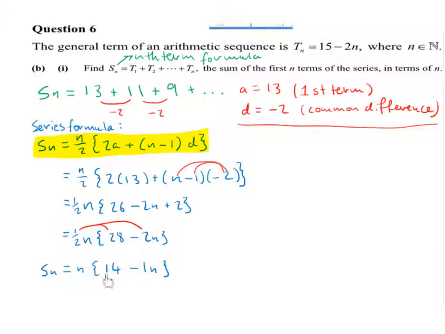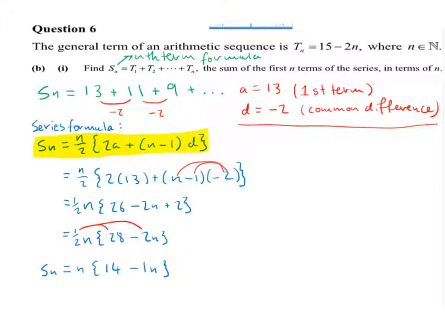So now we have a formula that we can use for this particular arithmetic sequence to find the sum of any number of terms in the sequence. For example, if I wanted to add up the first 100 terms of this sequence, I would swap that n for 100 with brackets around it, and swap the other n for 100 with brackets around it, and then I just multiply it out.